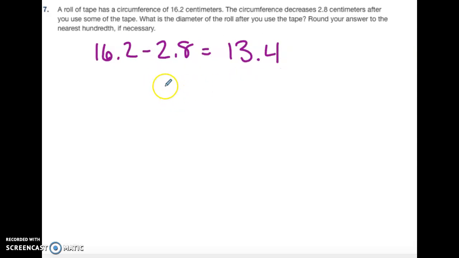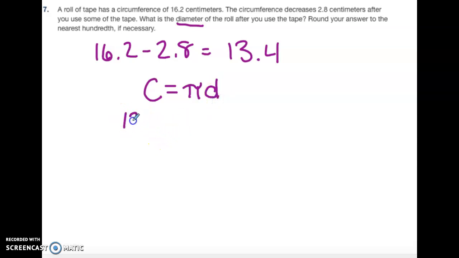Okay. A roll of tape has a circumference of 16.2 centimeters. The circumference decreases 2.8 centimeters after you use some tape. What's the diameter of the roll after we use the tape? All right, so let's find the circumference of the tape right now. So 16.2 minus 2.8. The circumference right now is 13.4. So we can use our circumference formula. We want to know diameter, so let's use pi times d.